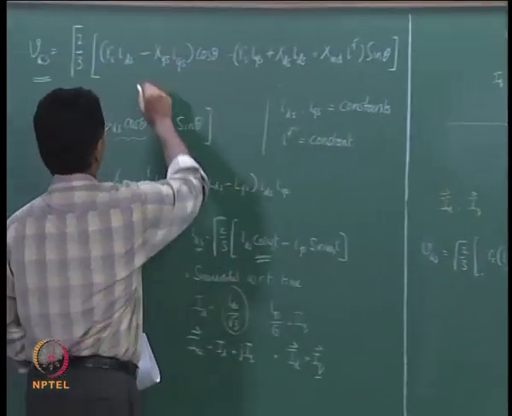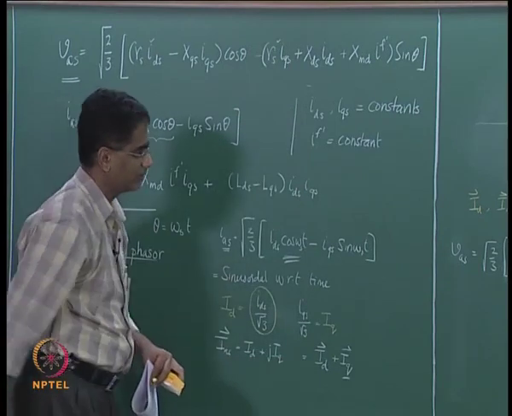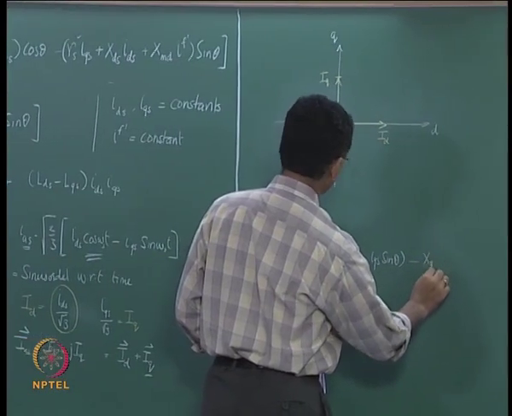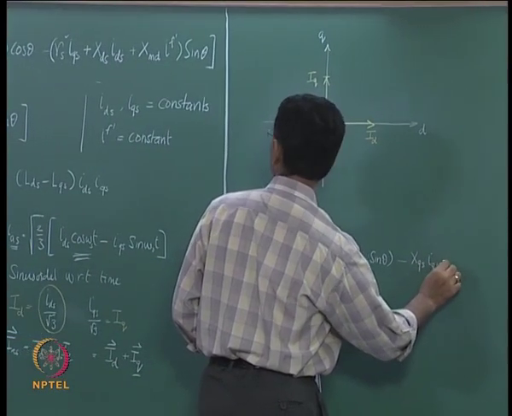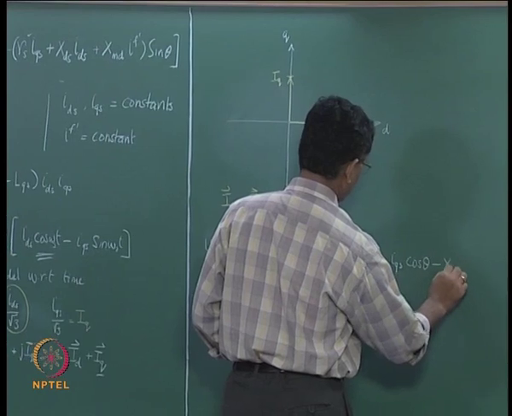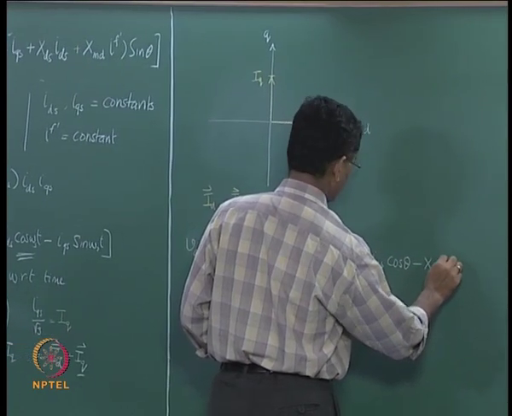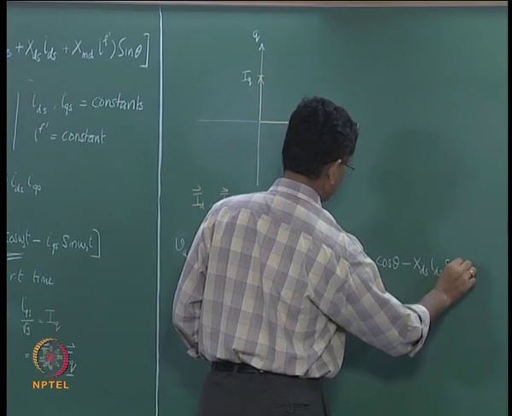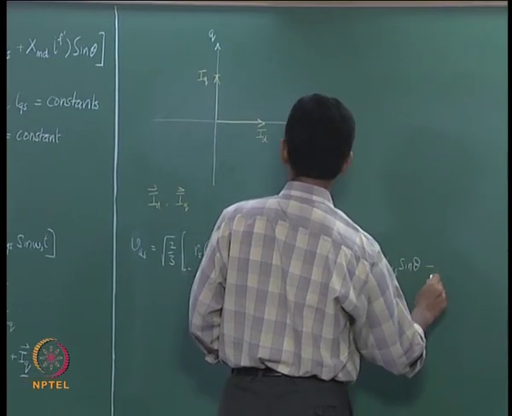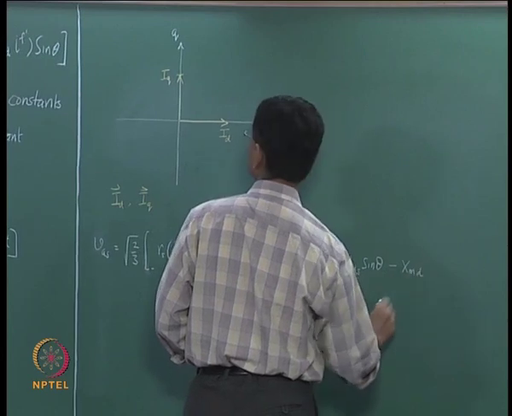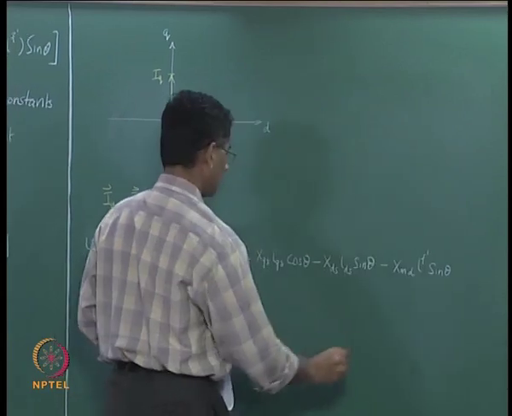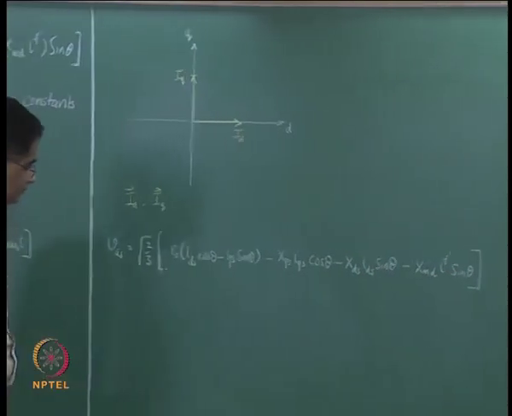So that is these two terms we have taken, and then you have minus XQS IQS cos theta, and then you have minus XDS IDS sin theta, and then you have minus XMD into IF dash into sin theta. This is what we have.